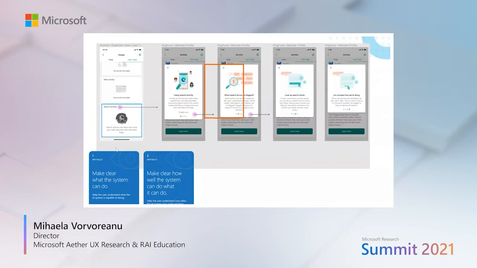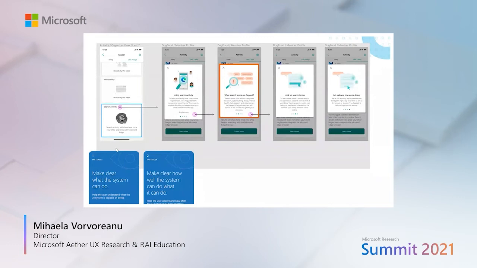In the second screen of the carousel, it shows further information about search terms, explaining that search terms can fall into a number of categories, and this way they will be flagged.